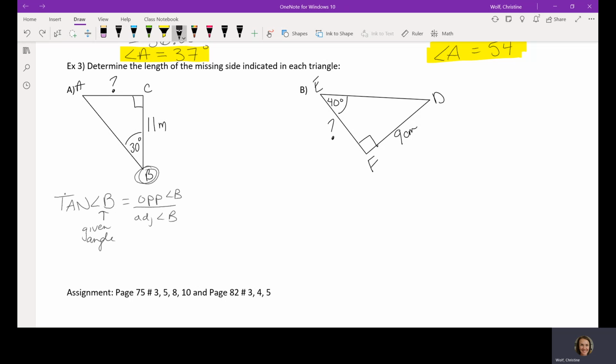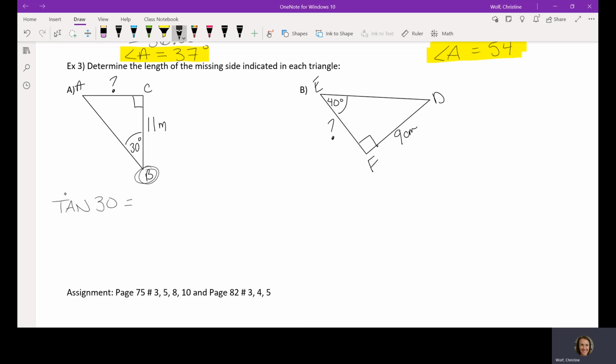I'm going to erase this, and we're going to fill in the values that we know. Tan of angle B would actually be tan of 30, right? I'm replacing angle B here with what angle B is, 30. So it's tan of 30 equals the opposite side of 30.